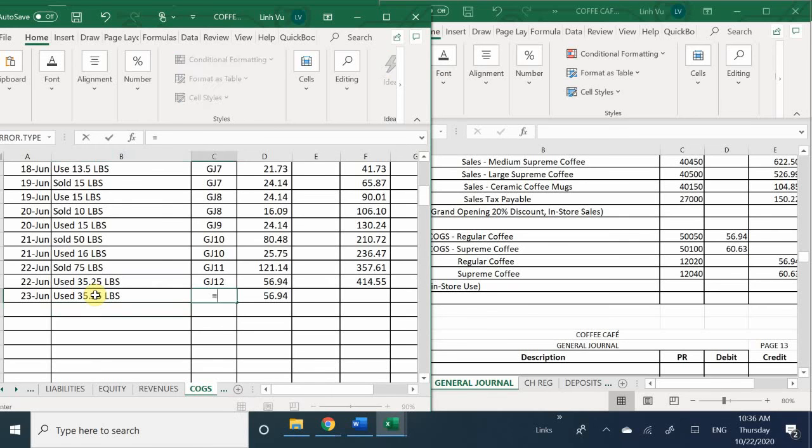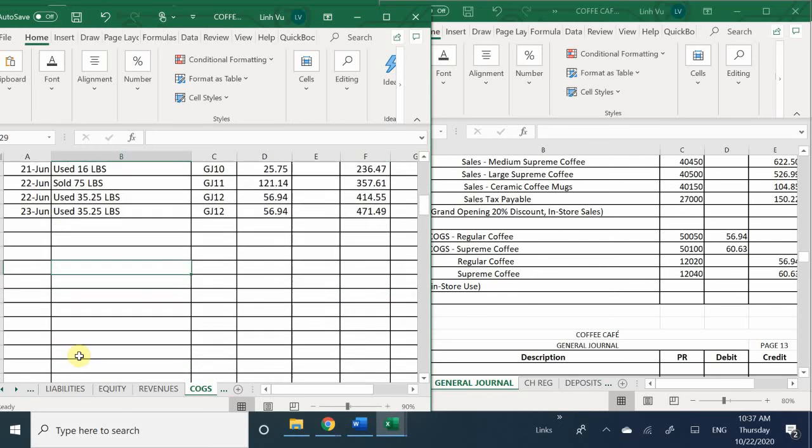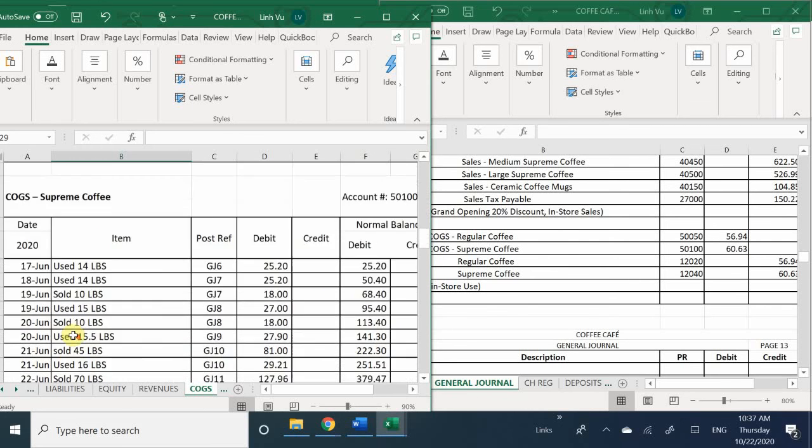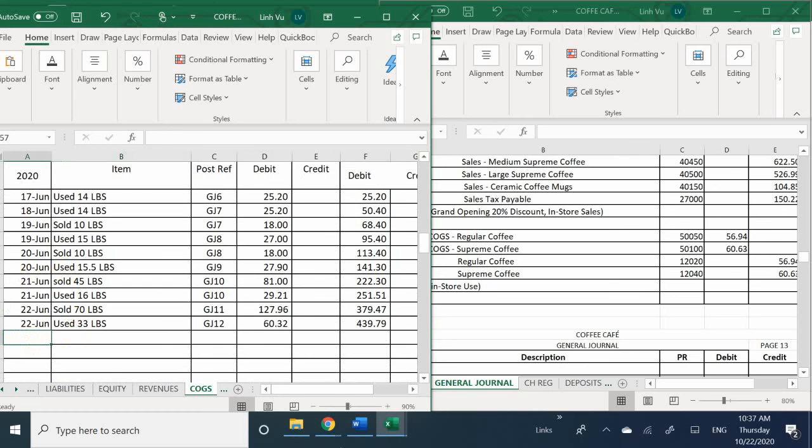All right, same thing, General Journal 12. All right, so what is going to be my new amount? 471.49. All right. Now let's go ahead and update our cost of goods sold for Supreme Coffee. We used 33 pounds.